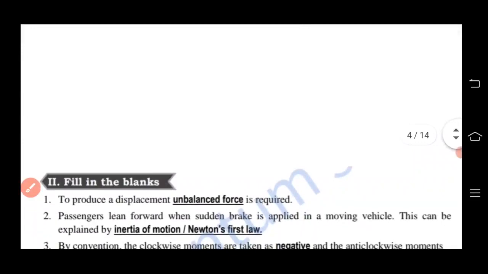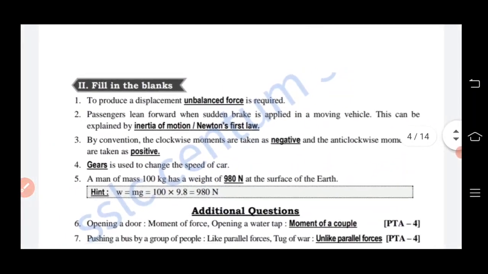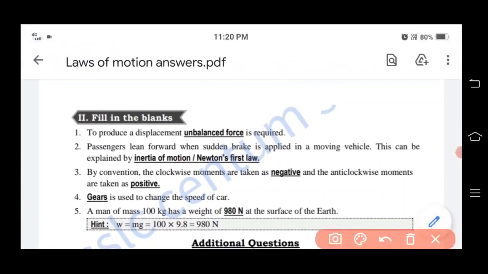And then the next part is fill in the blanks. To produce a displacement, an unbalanced force is required. Passengers lean forward when a sudden brake is applied in a moving vehicle. This can be explained by inertia of motion and Newton's first law, because inertia is also known as Newton's first law.